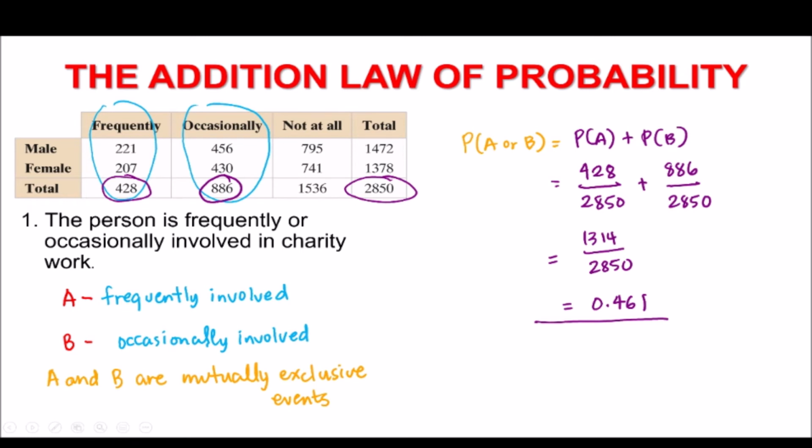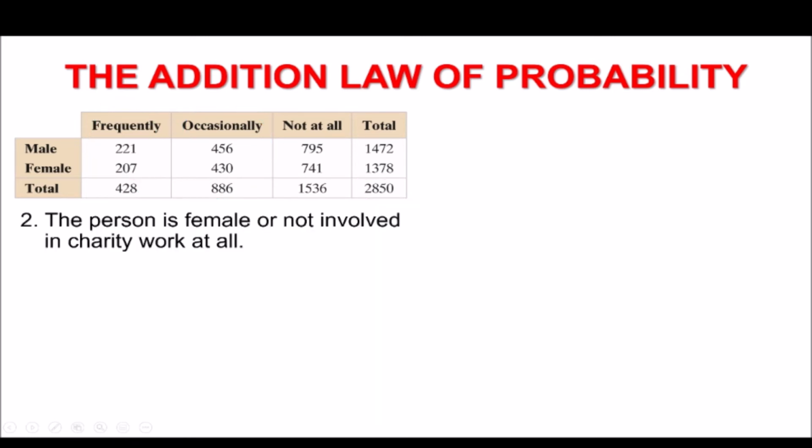Okay. Let's continue. Find the probability that the person is female or not involved in charity work at all. Okay, so this is our data for person not involved in charity work, and this is our data for female. They have a common element. So we can say that it is possible that a female is not involved in charity work.